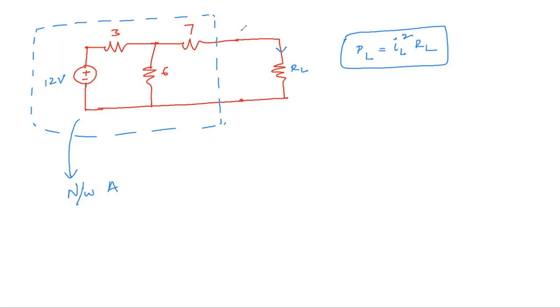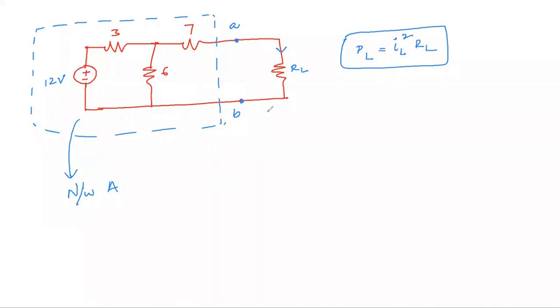And what are the terminals? Load terminals A and B. So first we have to remove that RL and just transform this whole network into Thevenin equivalent.